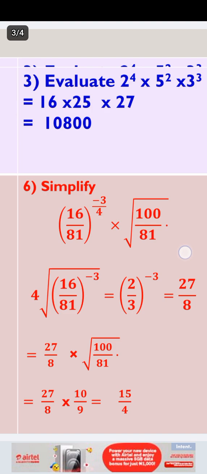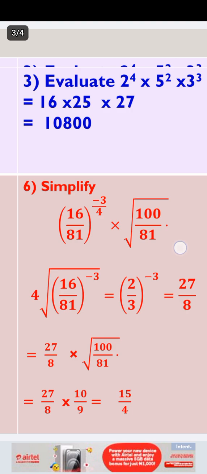Now, in resolving this question, the first part of it is we are going to apply the rule of fractional indices. The denominator becomes the root, while the numerator becomes the power to which both the numerator and the denominator are raised.